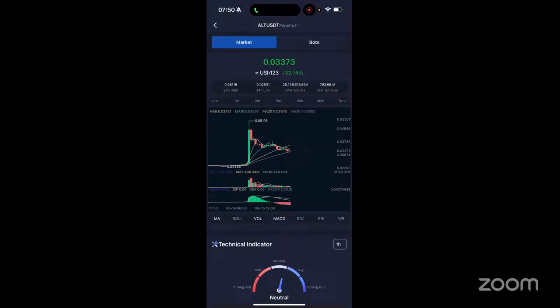How many of you can see that? I don't have a guarantee that this coin will go down, but there are higher chances. Yes, the coin can rise, but there are higher chances of this coin going down than going up.